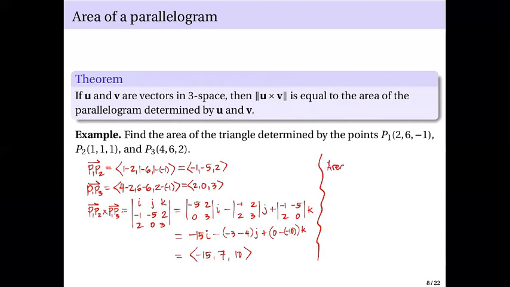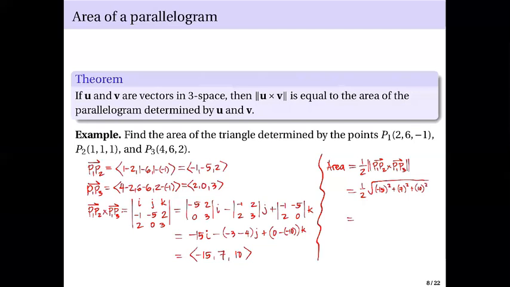But now, assuming that this is the correct cross product, the area equals 1/2 norm of P1, P2 cross P1, P3. But this is equal to 1/2 square root of negative 15 squared plus 7 squared plus 10 squared.